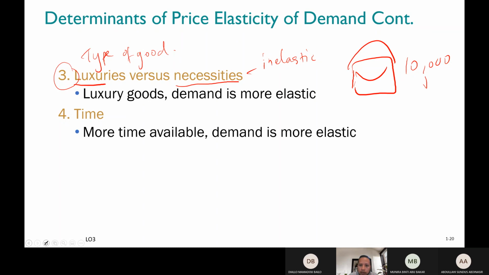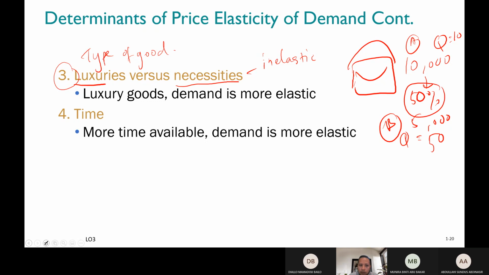But if they had a 50% sale, it's still expensive, but because of the sale, maybe only 10 people would buy it before, but now the quantity being sold is 50. So here you can see the change from situation A to situation B. Because of the sale, it would be more elastic.